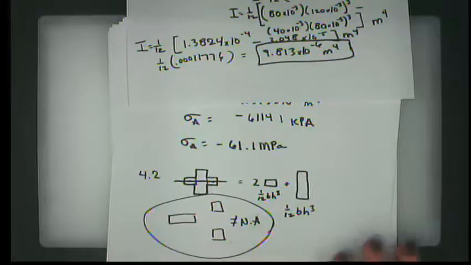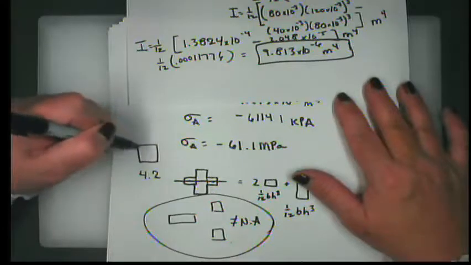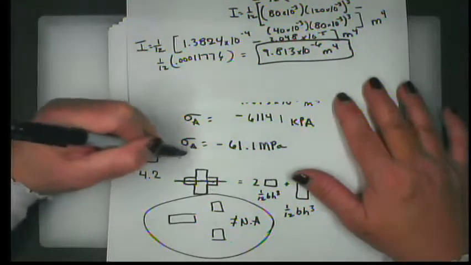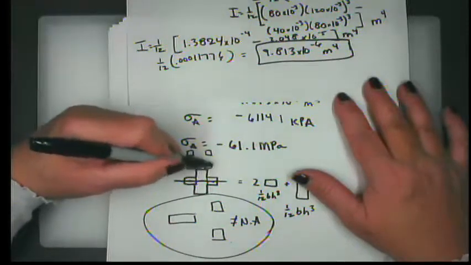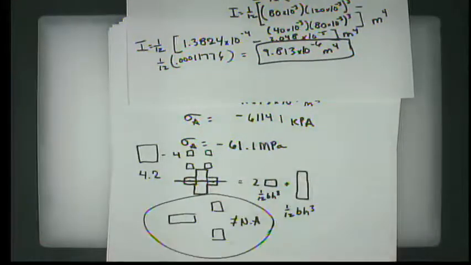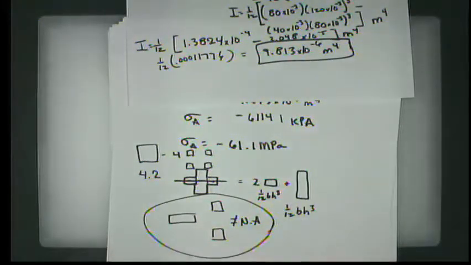The other thing you could do is look at it as a rectangle and then subtract off 4 of these little rectangles. But once again, these 4 little rectangles do not have the same neutral axis. So the best method of attack is to do this, because everything has the same neutral axis, so you can just arithmetically add them together. All right? So you start with a good picture, and you move forward.